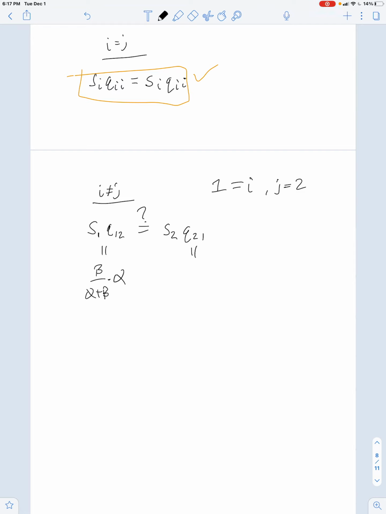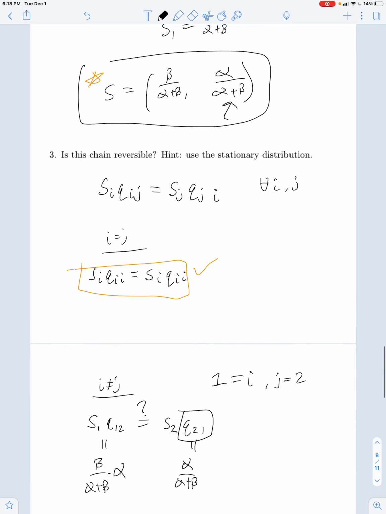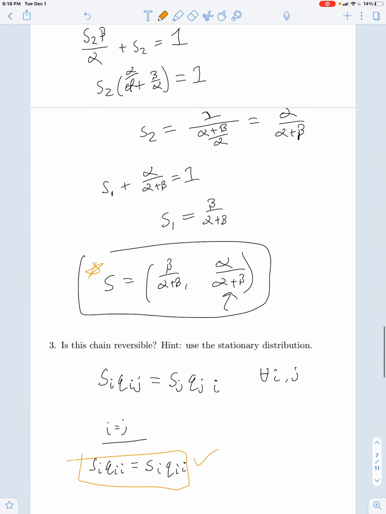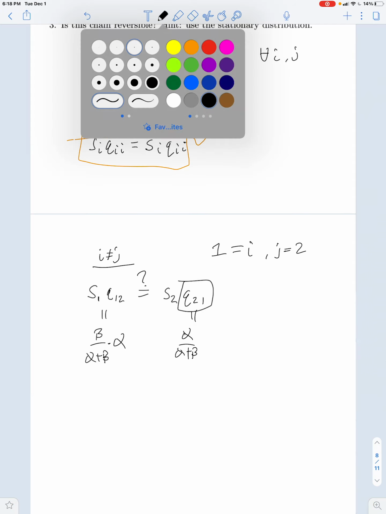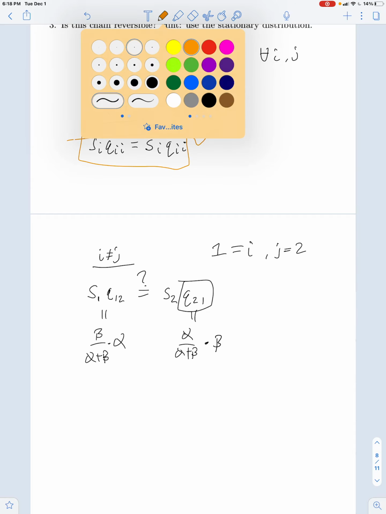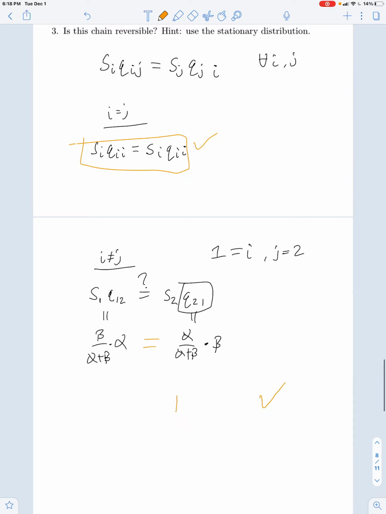Okay, what is S2? Well, from our previous part, we know that S2 is alpha over alpha plus beta. And then what is Q21? Q21 is beta. So this is times beta. And lo and behold, these two are equal to each other. And so we've shown the detailed balance equations for all i and j.